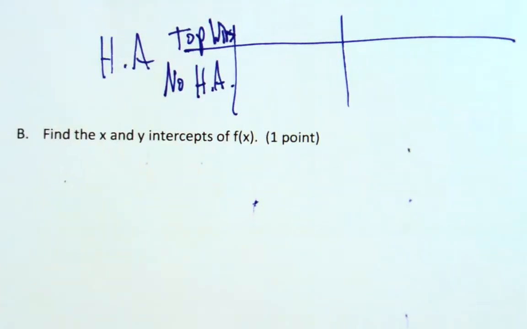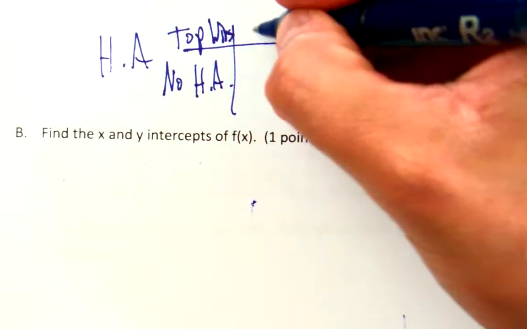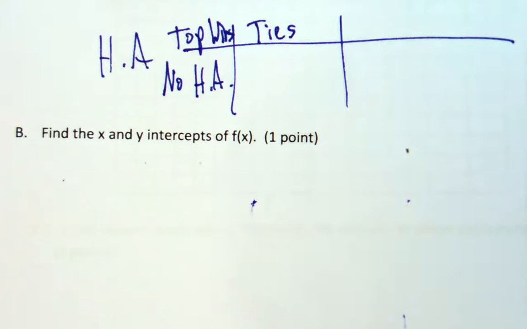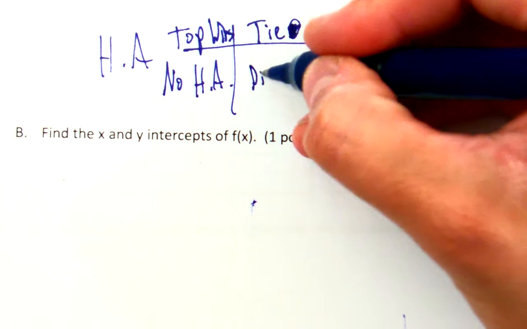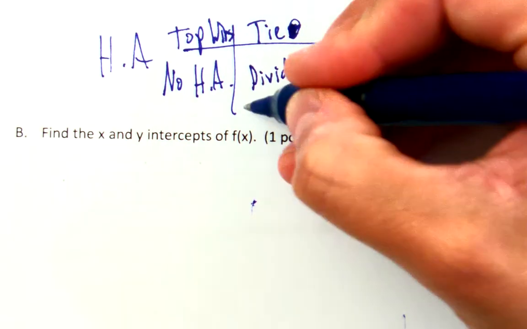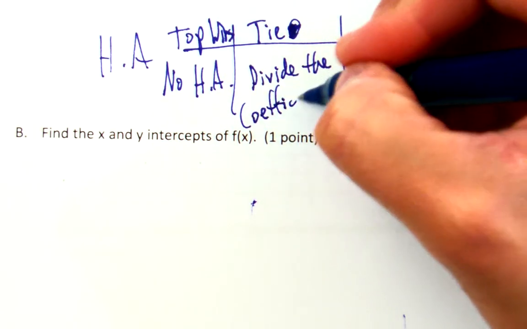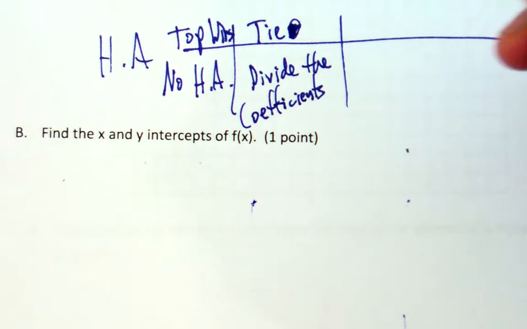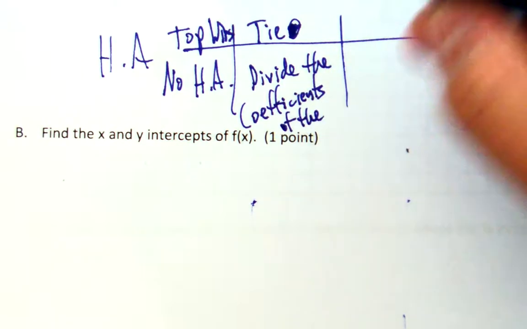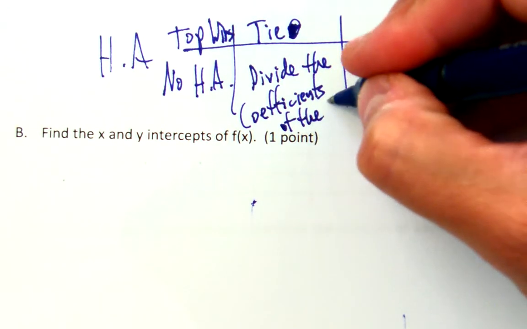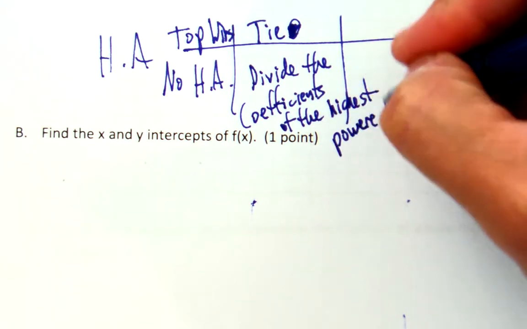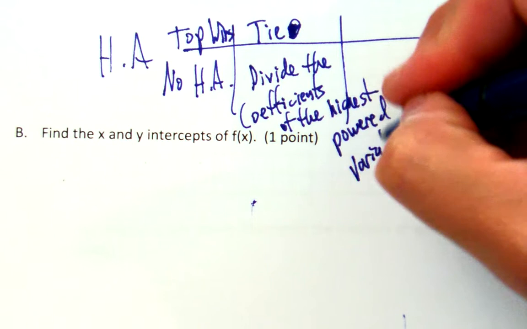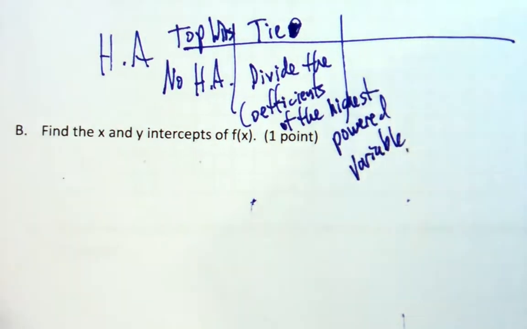If they tie, if the powers tie, that means that you divide the coefficients. What does coefficients mean? The numbers of the highest powered variables. That was a lot to write, but it's the correct thing to say.